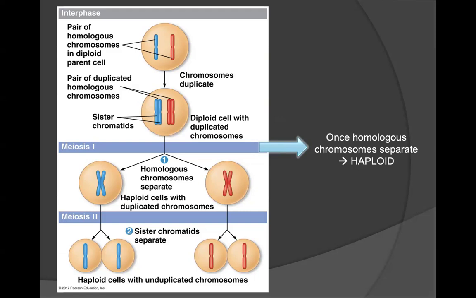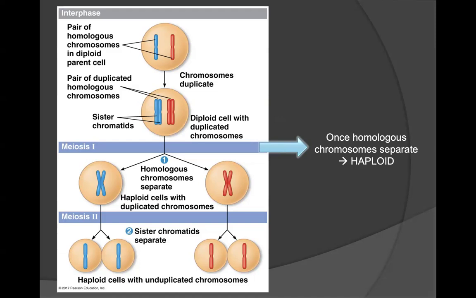We are then going to enter into meiosis 2. Each one of these cells, the maternal and paternal copy cell, is going to undergo a secondary round of division. In the secondary round of division, or meiosis 2, this is where we have the separation of chromatids. If we take a look at the paternal cell, the one that has the two paternal chromatids, when this cell undergoes meiosis 2, those chromatids are going to be pulled apart. As a result, you're going to get the production of two haploid cells.